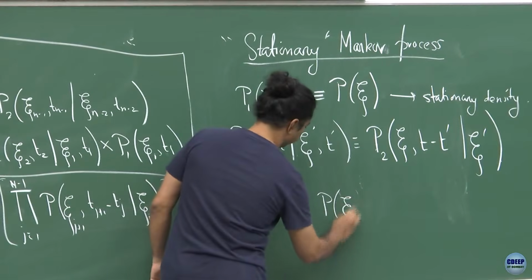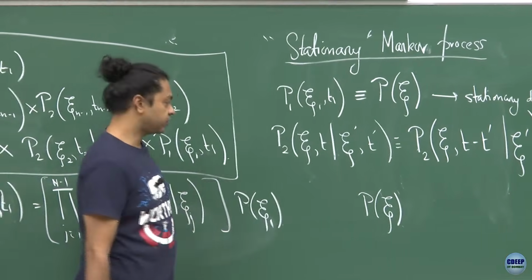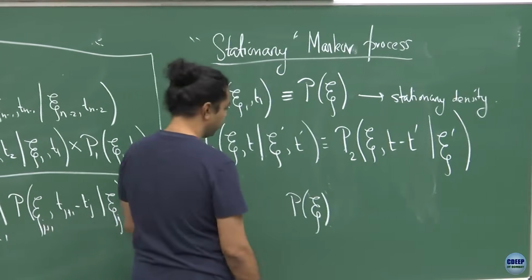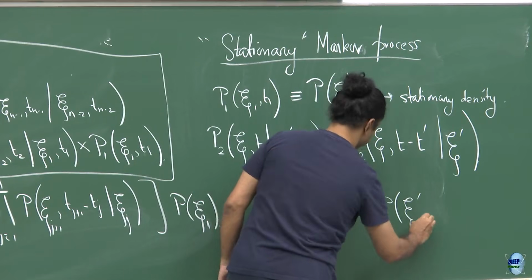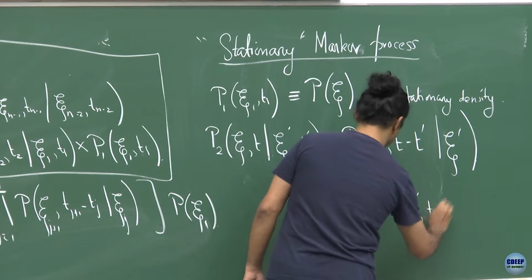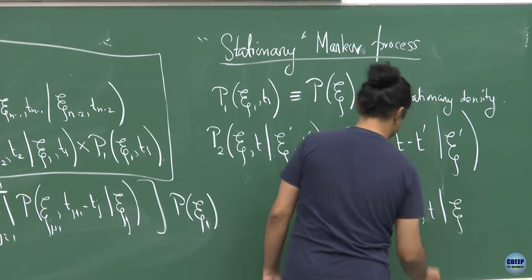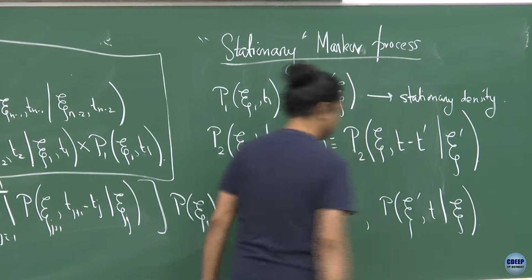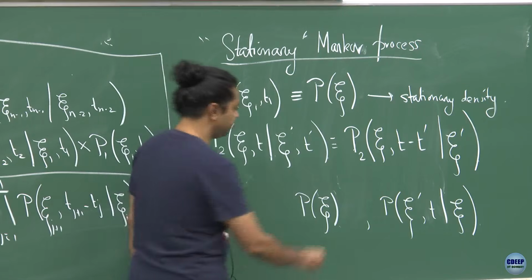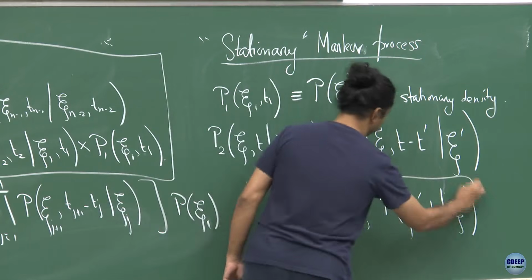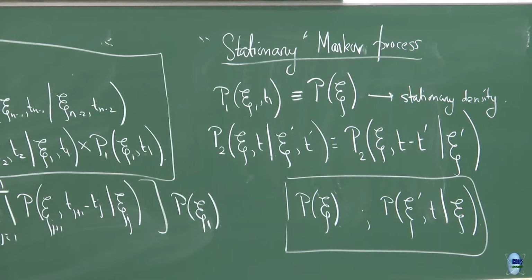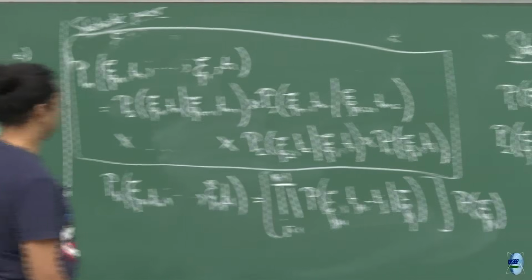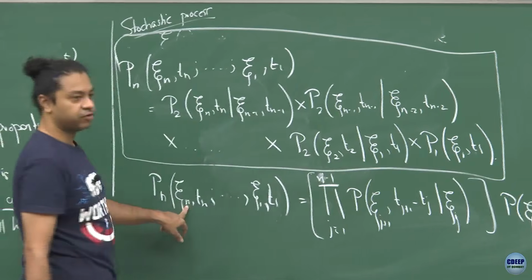One is this P of xi, what is the stationary density, and the second thing is this P of xi comma t given xi prime. These are the only 2 quantities that I need to calculate for a stationary Markov process. Small n, sorry, this n I have to get to xi.